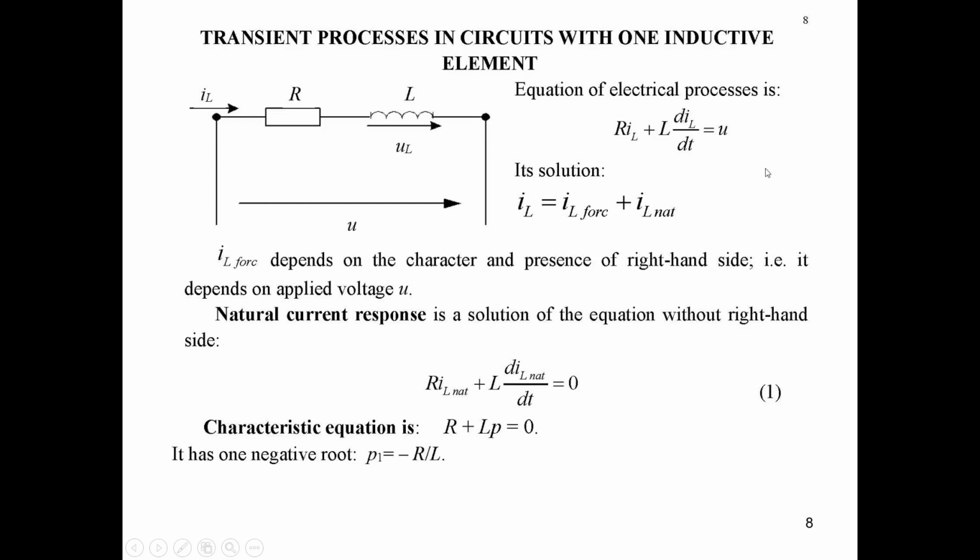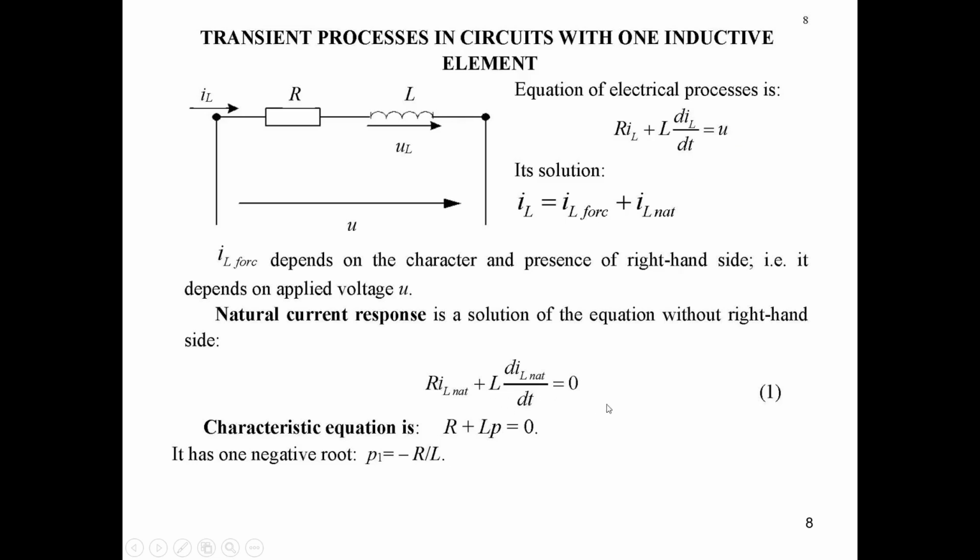And it was shown to you how to deal with RL circuits. We can depict electrical processes by writing down such an equation: the sum of voltage drop across resistance and across inductance is equal to the applied voltage. The solution of such a differential equation may be written as a sum of forced and natural components. The forced component, as I have told, depends only on the type of applied voltage or connected EMF, and the natural component can be determined by solution of this equation with 0 right-hand side.